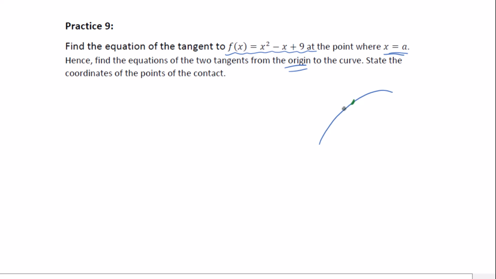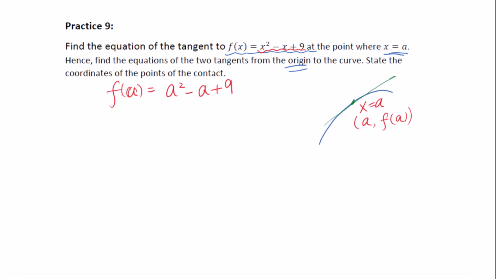Then this point is a tangent line. X equals a. So we have f of a. We know f of a, we will plug a into this function, which means f of a equals a squared minus a plus 9. We also know the slope of the tangent line equals f prime of a.